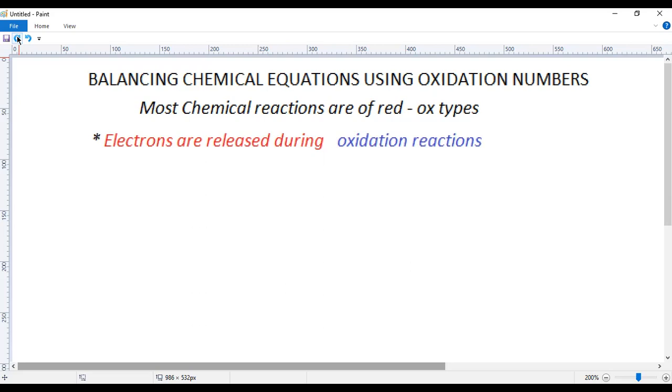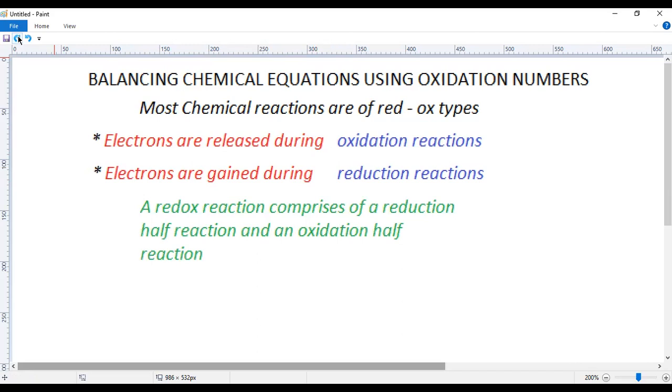And when an oxidation reaction occurs by releasing electrons, there's another reaction where electrons are gained during reduction reactions. So when one species in a chemical reaction releases electrons, participating in oxidation reaction, in the same medium, there's another species which undergoes reduction by obtaining electrons.